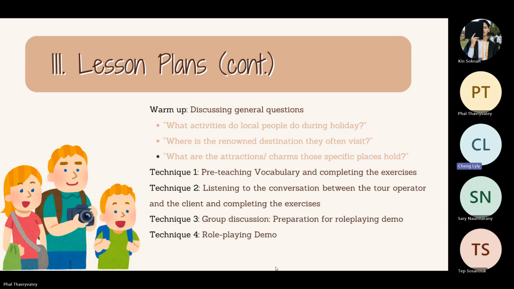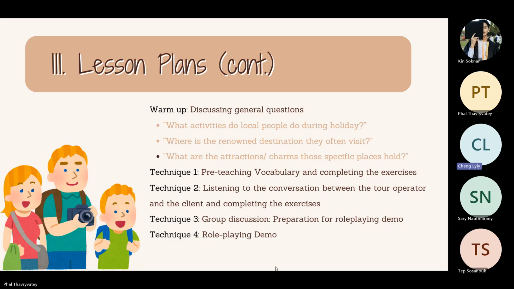And for technique one, it's about teaching vocabulary and also completing the exercises. The activities begin by the teacher letting students go to page 20 and observe the image of the tourist activity, and they discuss whether they have experienced this activity or not.